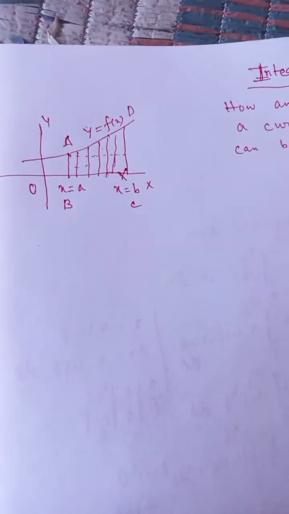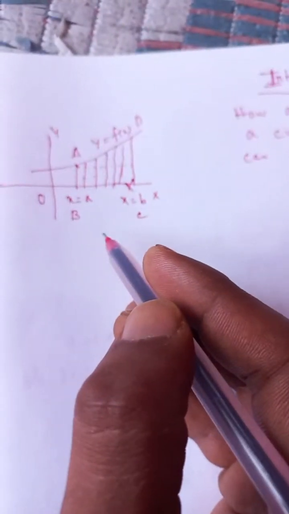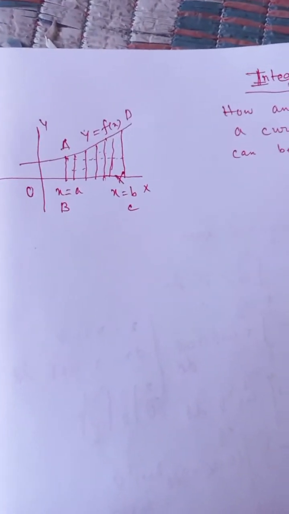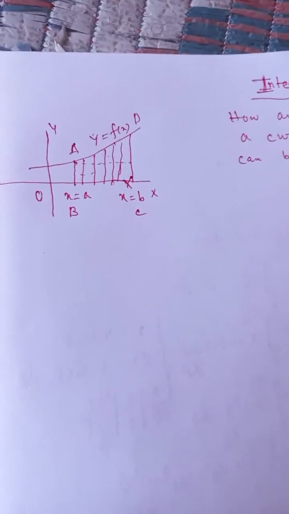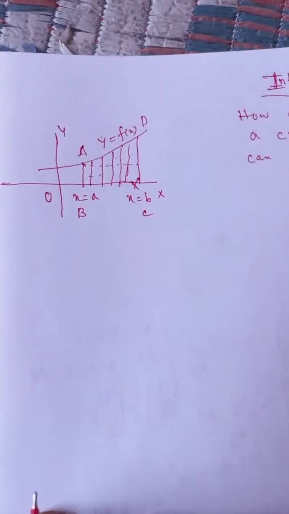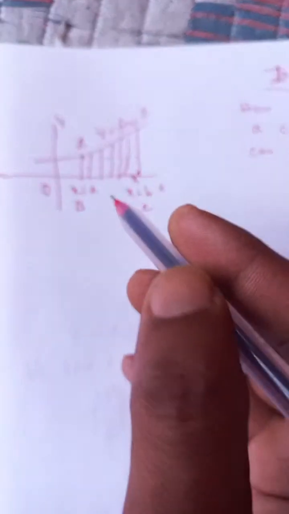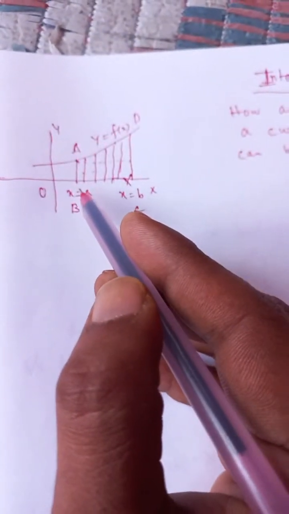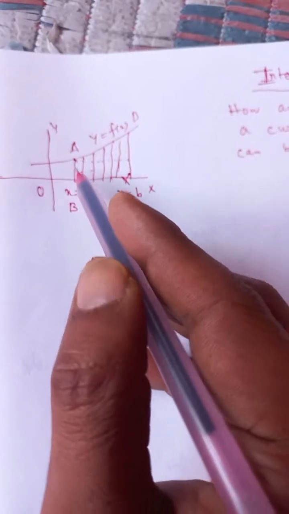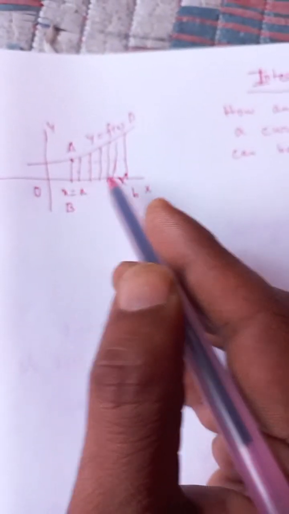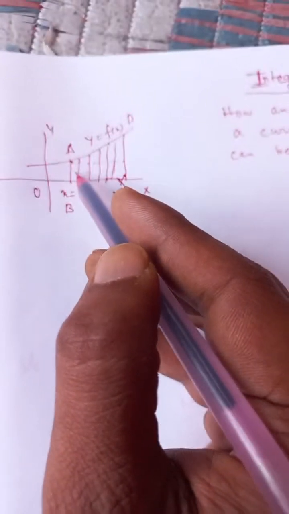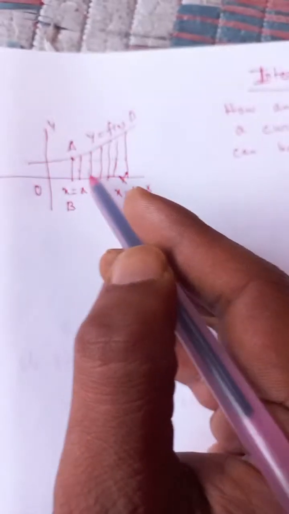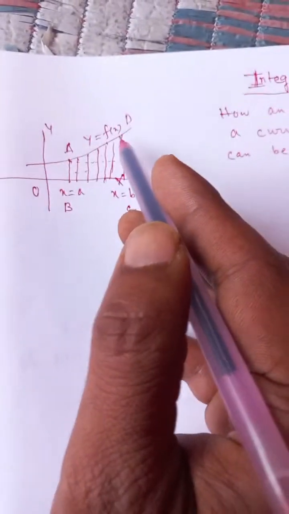So y equal to f(x) is the curve which encloses area ABCD in the interval x is equal to a to x is equal to b. So how can we find this? Here we take x is equal to a, this line. We will take very small areas to find the total area enclosed by the curve.